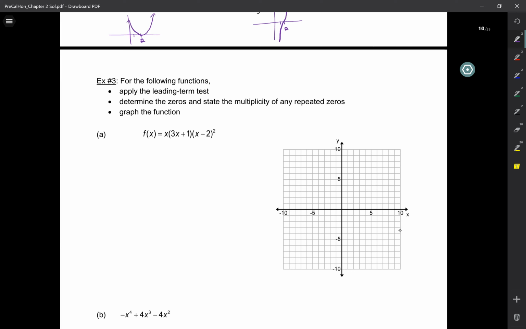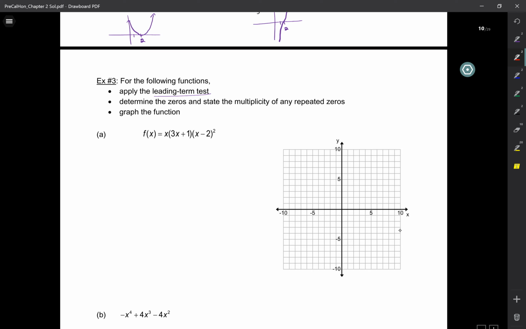All right, so in this case, let's apply the leading term test. Let's determine the zeros and state the multiplicity for any repeated ones, and let's graph the function. Okay, so to apply the leading term test, I first have to find the leading term. Now, this one has been factored for us, so it's good in some ways, it's bad in some others. In order to find the leading term, I need the polynomial in standard form, so before it was factored. If I were to start multiplying all of these out, if I were to FOIL this term and multiply it here and multiply it here, I would get a long function of which I only need that first leading term.